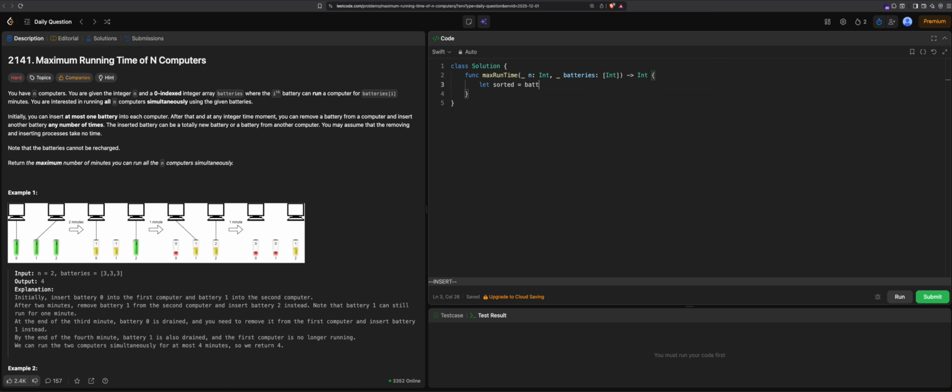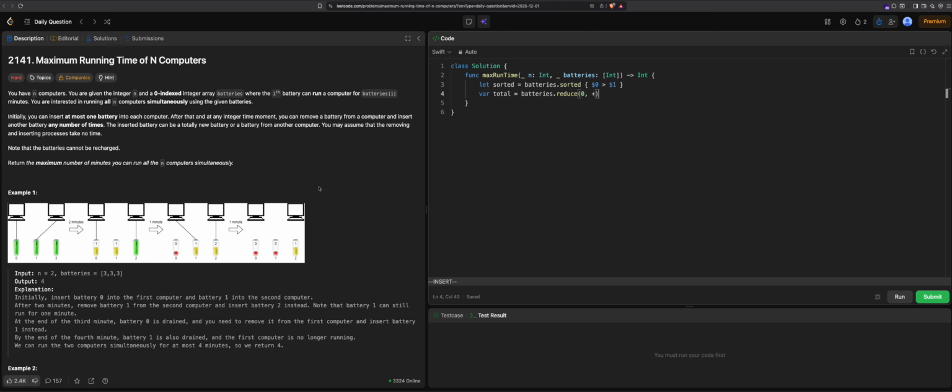So let's call this batteries. I'm going to sort in descending order, which means ordering from the greatest to the smallest, comparing a and b. And then we may need the total, which will be the batteries reduced into the total sum.